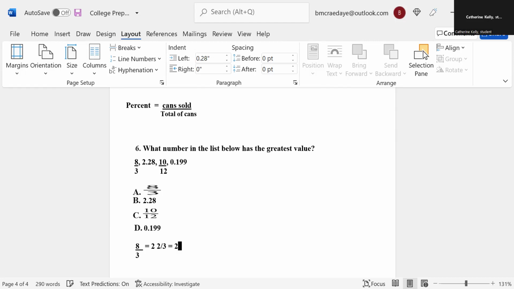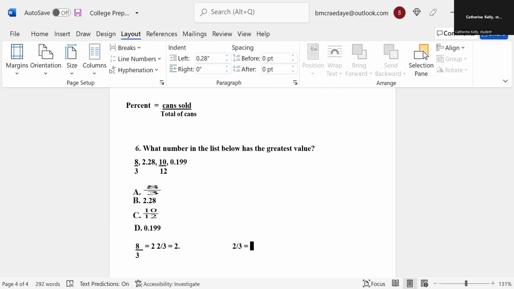Now, what would that be as a decimal? 2 and 2/3. I'm asking you, 2/3 converts to what decimal? 2 over 3 equals what as a decimal?